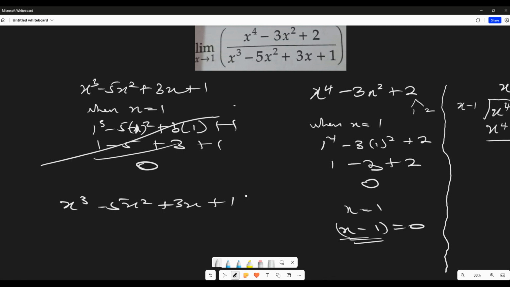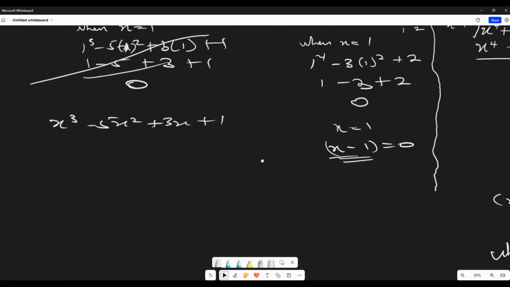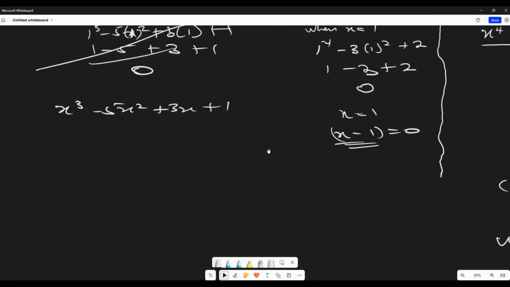So we'll use the factor theorem as well and see if we can have a factor of this expression. Using the factor theorem, we take the factors of 1. So the factors of 1 is actually having only one factor, that is the factor itself. So we'll test negative 1 and 1.